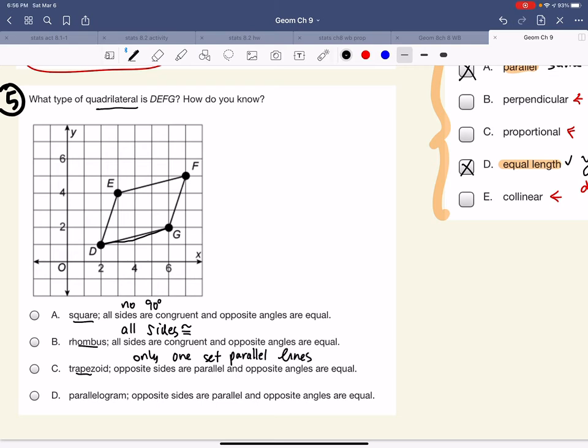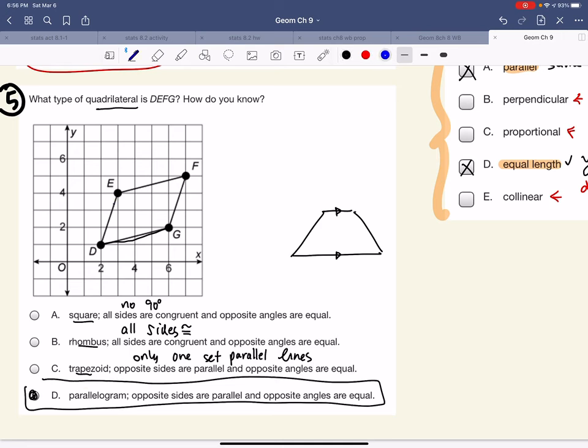So again, just to jog your memory, this one's parallel to that one, right? One set. So I'm going to pick D because it does appear as if these angles are congruent, these angles are congruent, so opposite angles are equal to one another, and these are parallel.